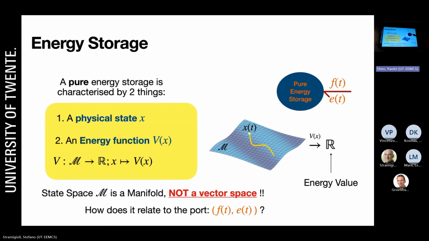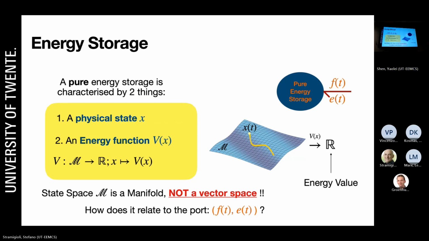And if the bond goes toward the element, the change of energy in time should be equal to that. Power continuity: the power that comes in is the change of internal energy. Full stop, if that is a pure storage of energy. That's the atomic element, the pure storage of energy alone.